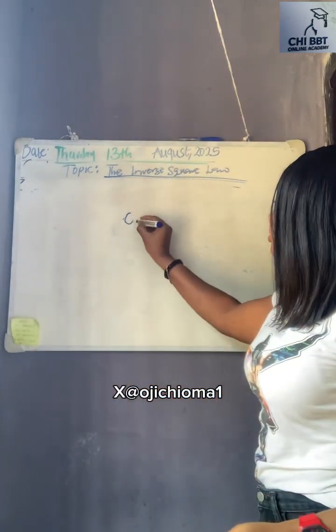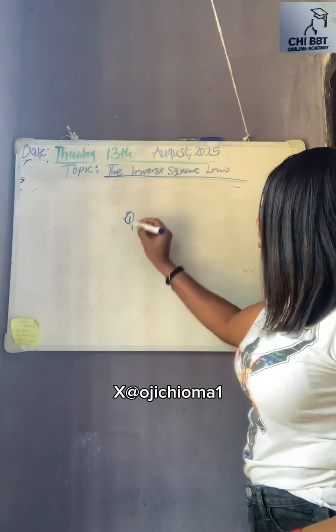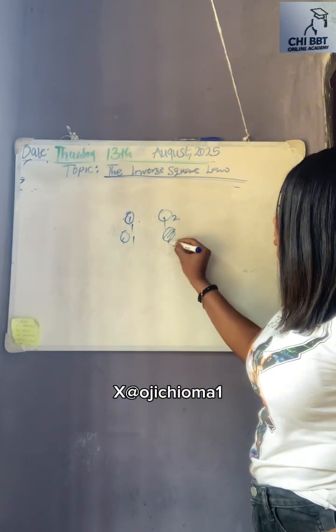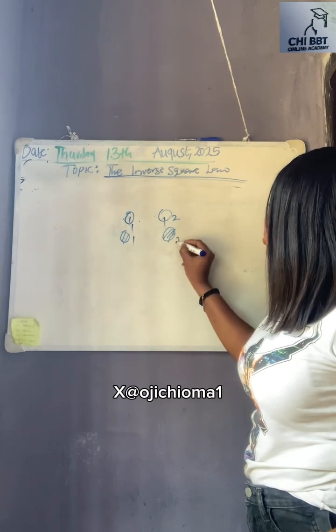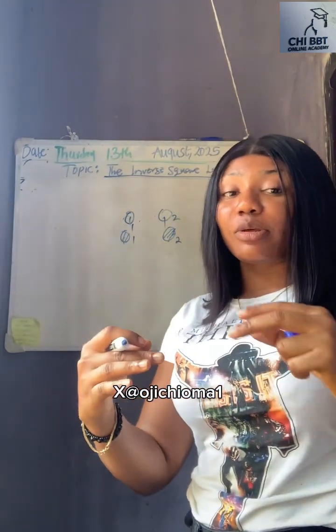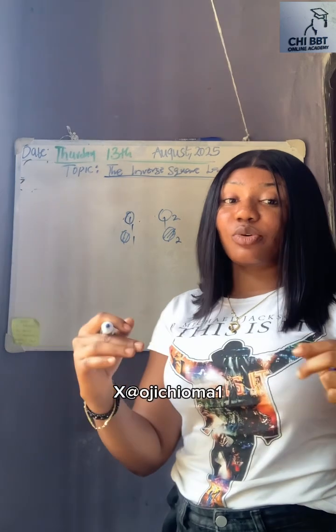Let's say this is particle 1 and this is particle 2. Then we talk about the force of attraction or repulsion between them. One of the laws of electricity and charges is that like charges always repel, and unlike charges attract. When you have the two charges, I'm going to tell you more about the position vector and the unit vector as we go.